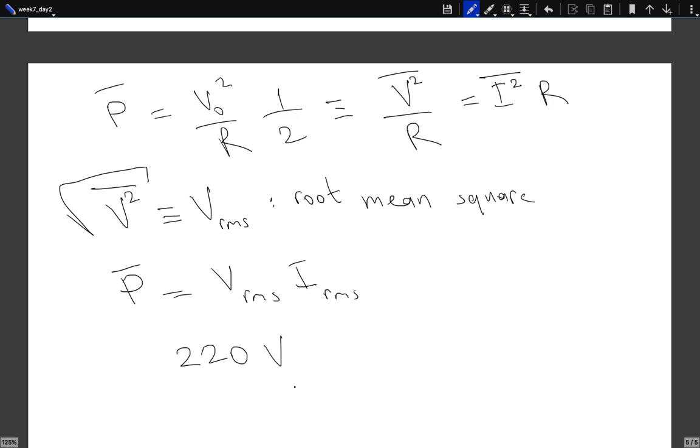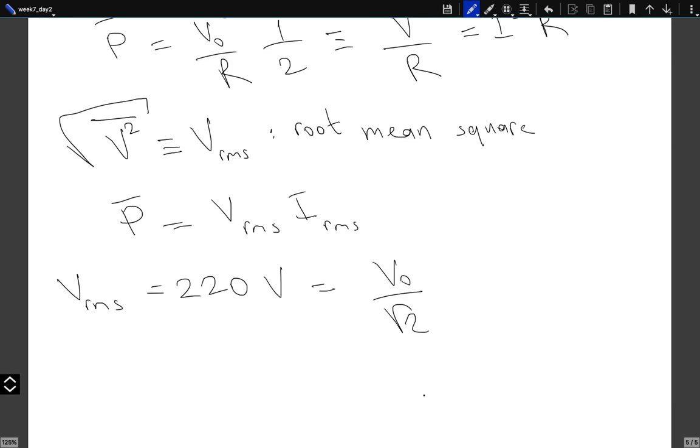Now what is the voltage of the plugs that we use in Turkey? Which one is it? Is it V0 or VRMS? It's actually the RMS value, which is V0 over square root of 2.